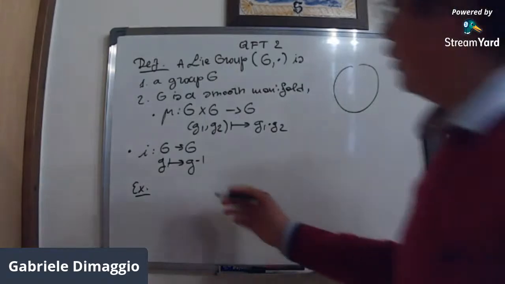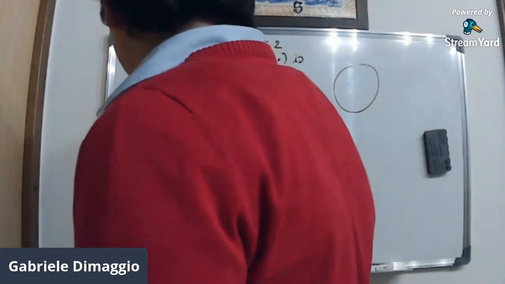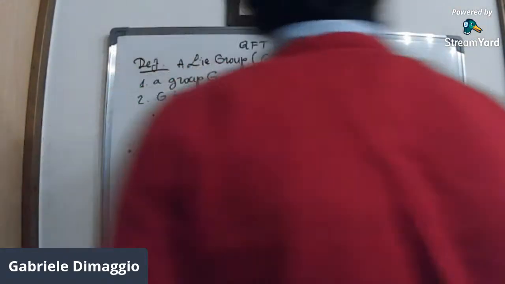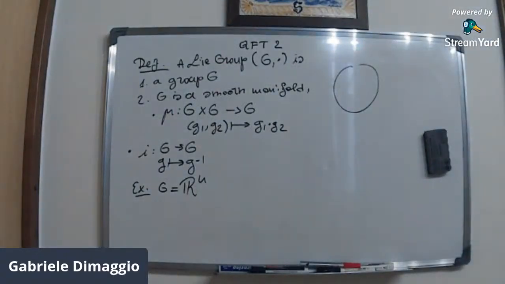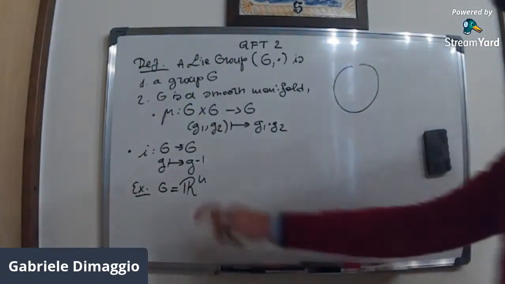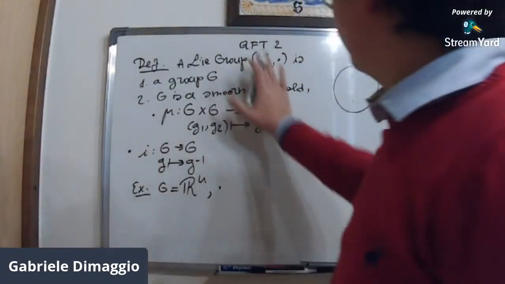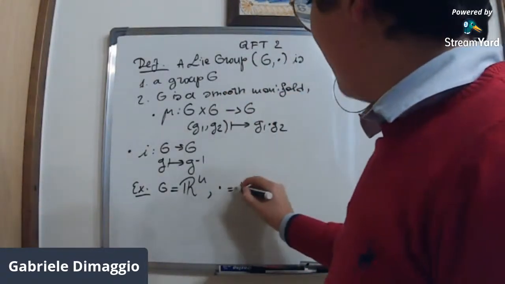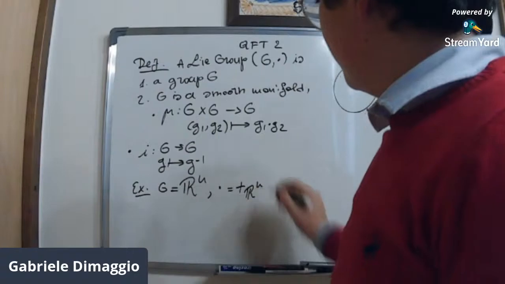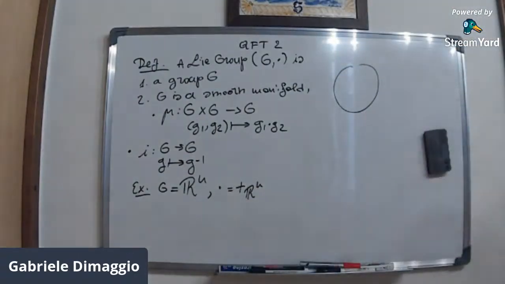For example, G is equal to R^n. This is an example of a Lie group, and the group operation is equal to the sum, defined over R^n.